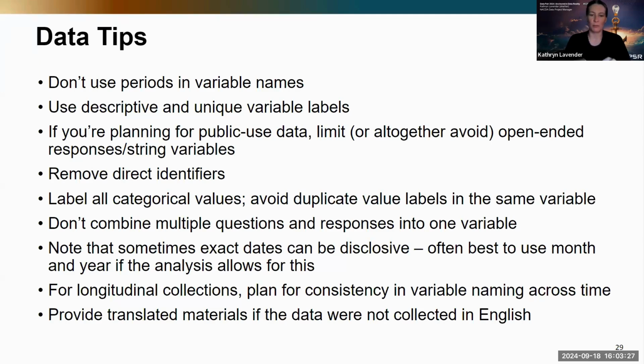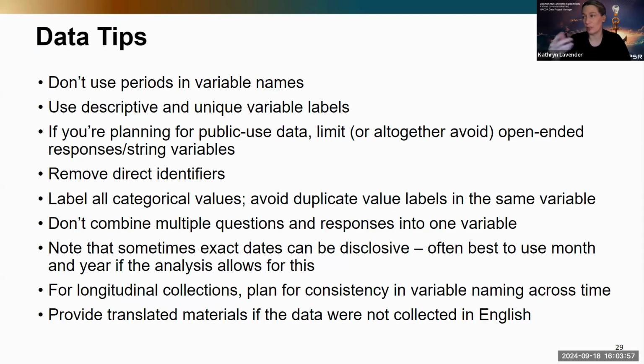So here are some tips on preparing your data for sharing. As far as data management plans, these aren't things that the government is going to want to know, but these are things we want you to know prior to sharing the data with us. Don't use periods in variable names, please. This is not friendly variable naming across all stats packages. If you do this, then we have to rename them in order for them to be converted into multiple file formats.